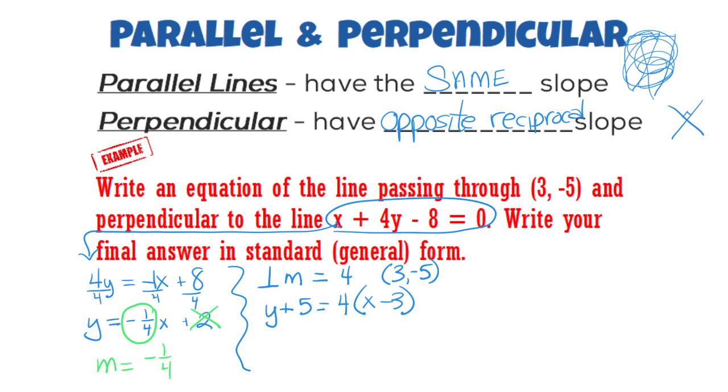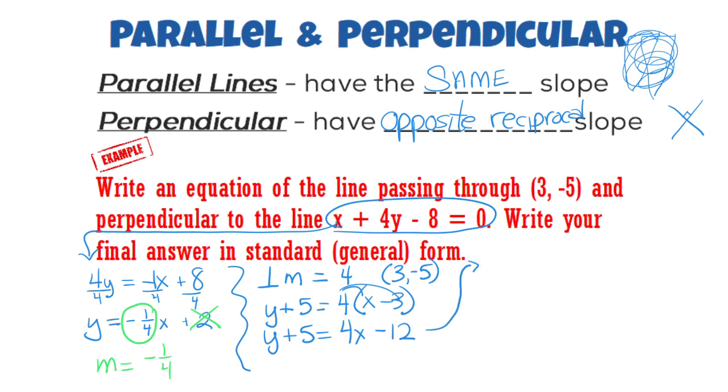Okay, that's point-slope form. They want standard form. So really, to get to standard form, I'm probably going to go a little bit through the slope-intercept form, because I definitely am going to want to distribute and get rid of parentheses. So I'm going to have y plus 5 equals 4x minus 12.